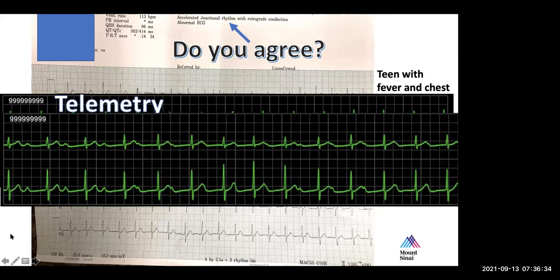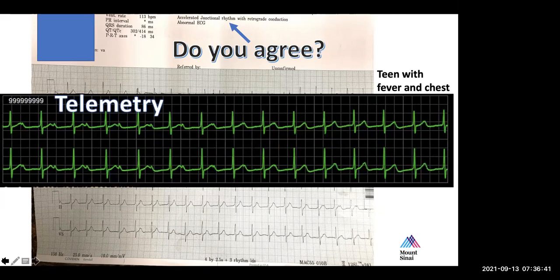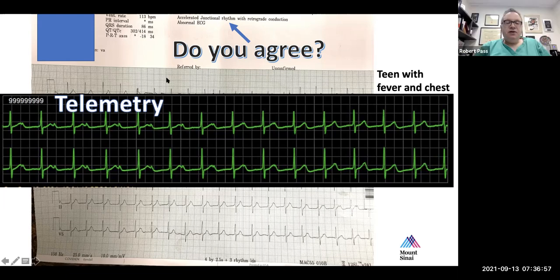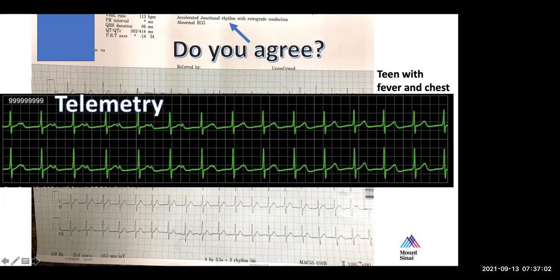Yeah, well, now we see that the P waves are... it's a very long PR. Let me just look through it a little bit more attentively. So yeah, it's a heart block. Right, it's first degree heart block, a very long PR interval.